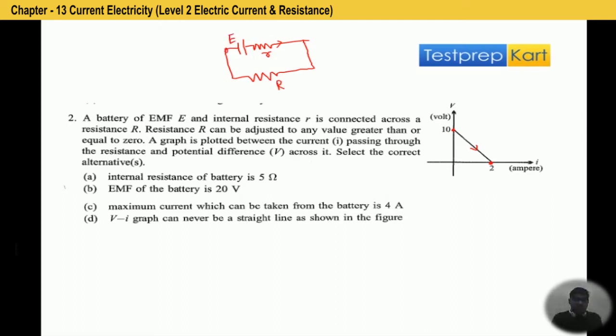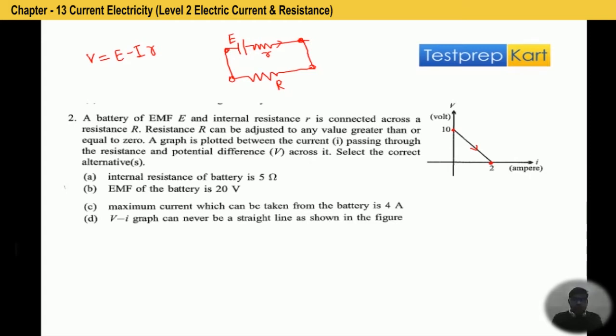Whenever this circuit is closed, then due to current there is a drop in the terminal potential of the cell, which appears across resistance R, as terminal potential V equals E minus Ir, and which is the potential across this resistance. So from this graph we can write the equation. This is the intercept form of the graph.